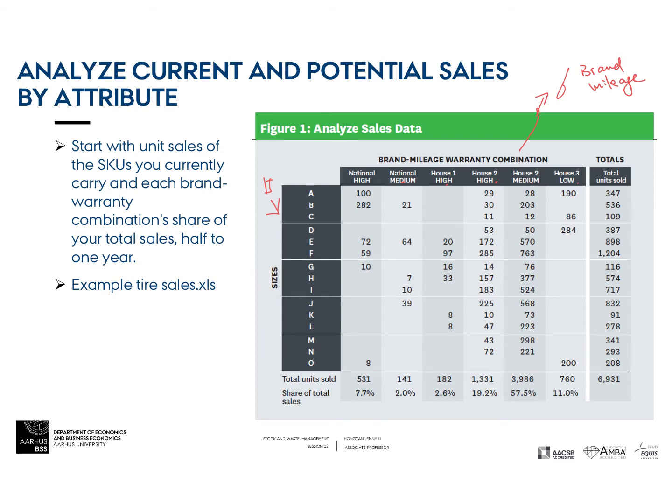In this table you can see the actual sales for each specific SKU. Each combination relates to one SKU, and at the bottom you have the total units sold for each brand and mileage guarantee, and in the column the total units sold for each size.